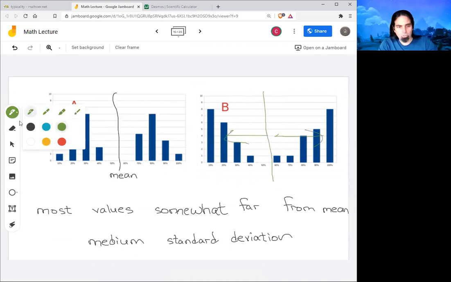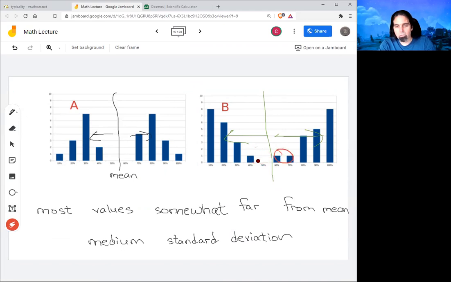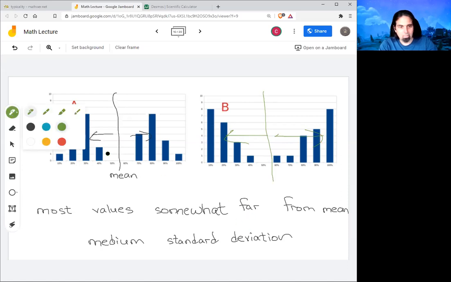How much are they compared to before? It's still true there really aren't any close to the standard, close to the mean. Can you see how they're more apart? They're more away. Yeah. This one is high standard deviation with green.